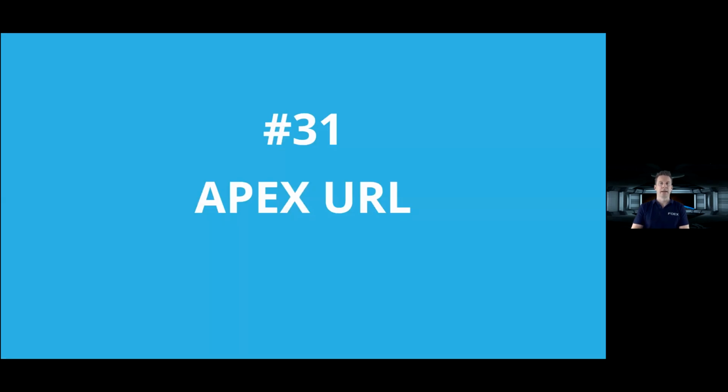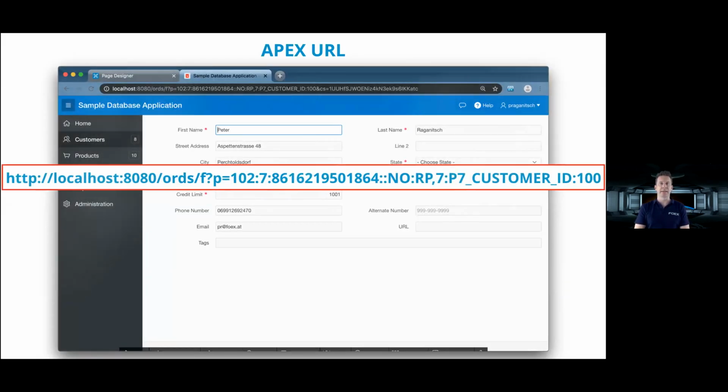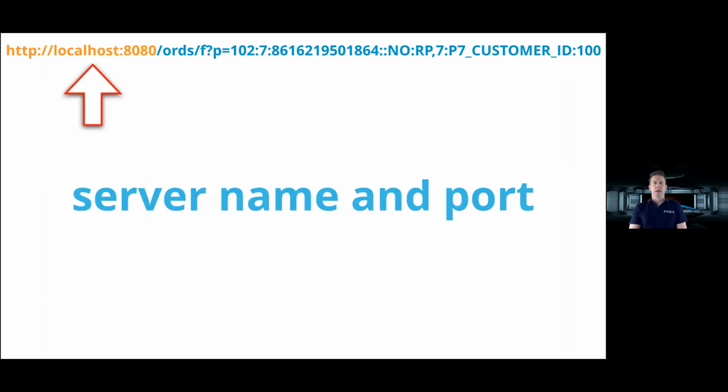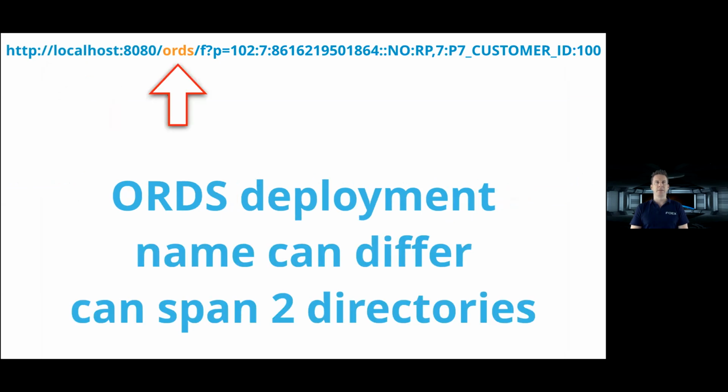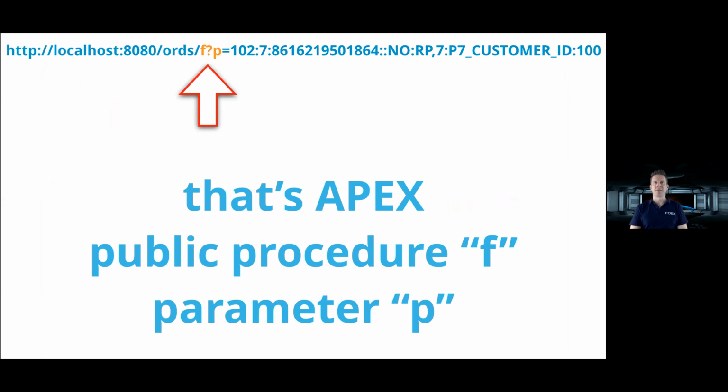Quite useful. Apex URL. Ooh, that's the ugly old Apex URL. It's not the nicer one from Apex 21. But basically, that's the information that's available in the view. So you have your ords. And that's funny. That's actually a public procedure that Apex provides.